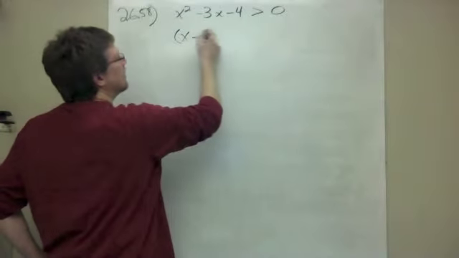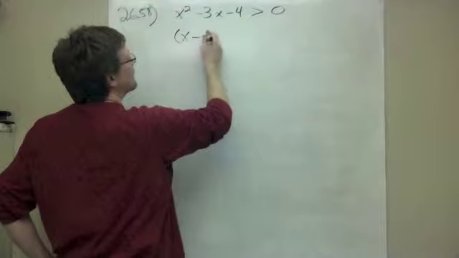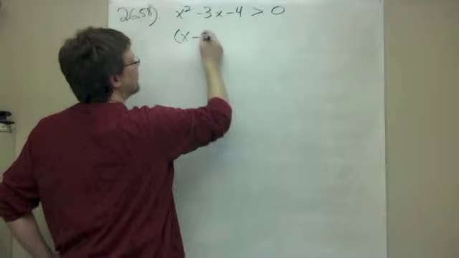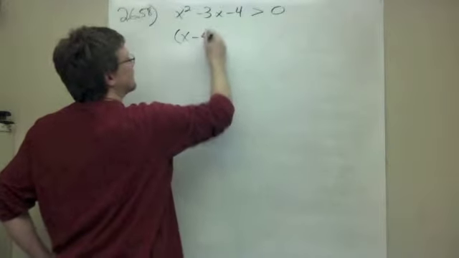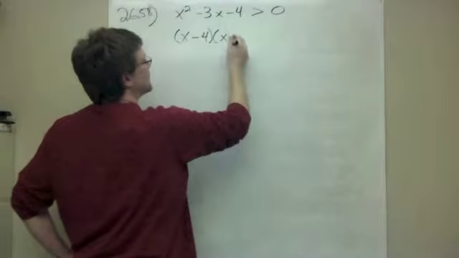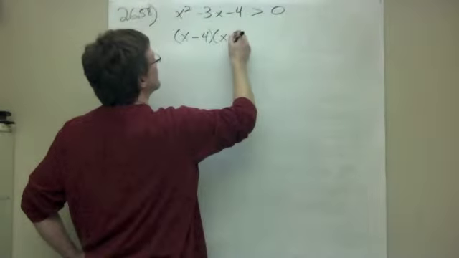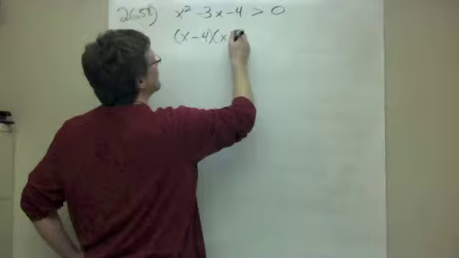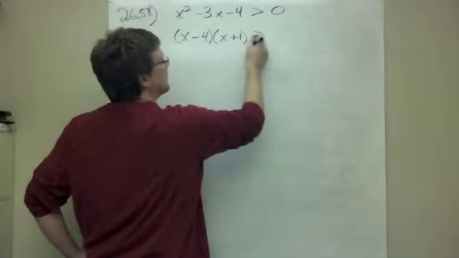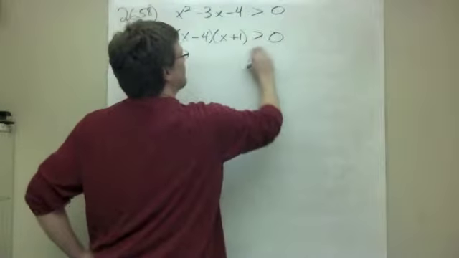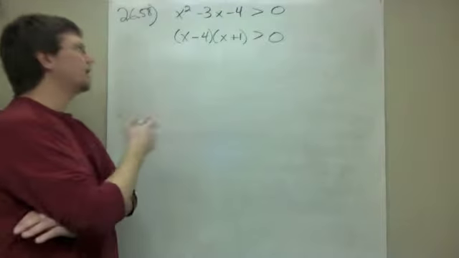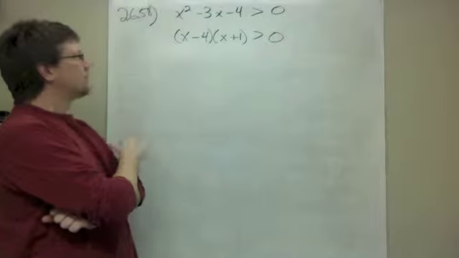x minus 4, x plus 1, is greater than 0. So what does this mean?